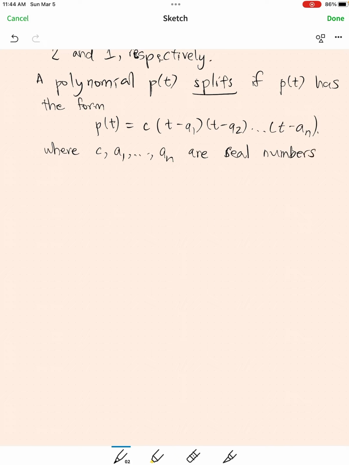Okay, I don't want to get too heavy in the theory; technically it should say splits over the real numbers. But let's just use this. It splits if p(t) has this form.